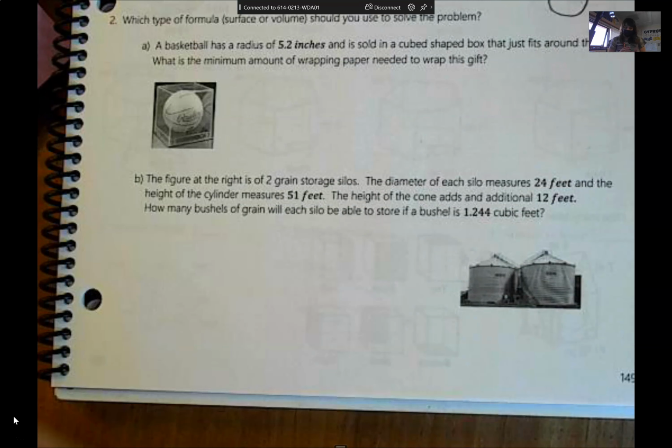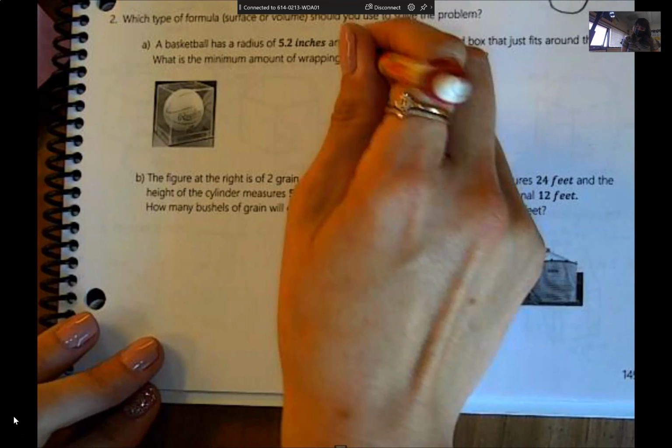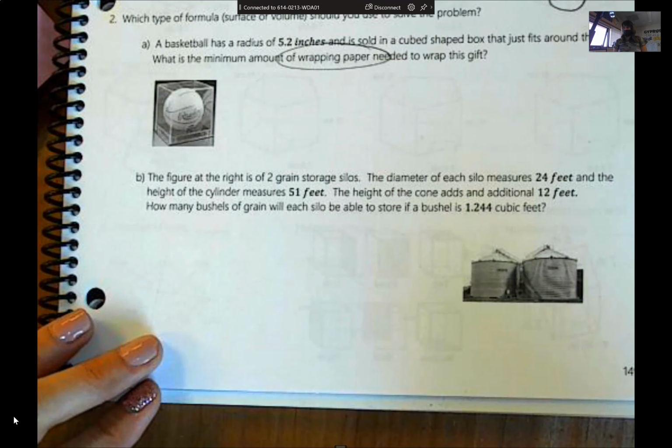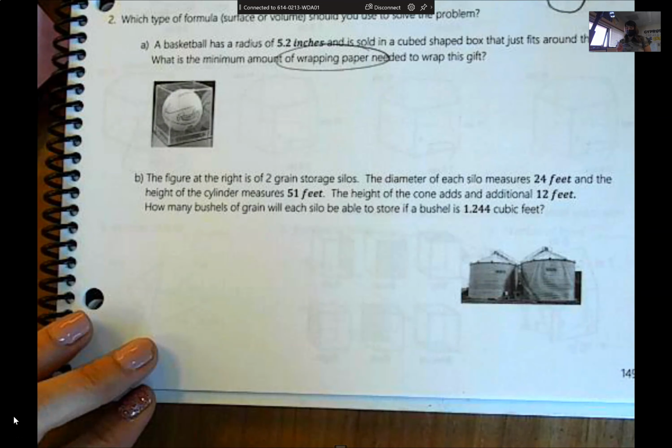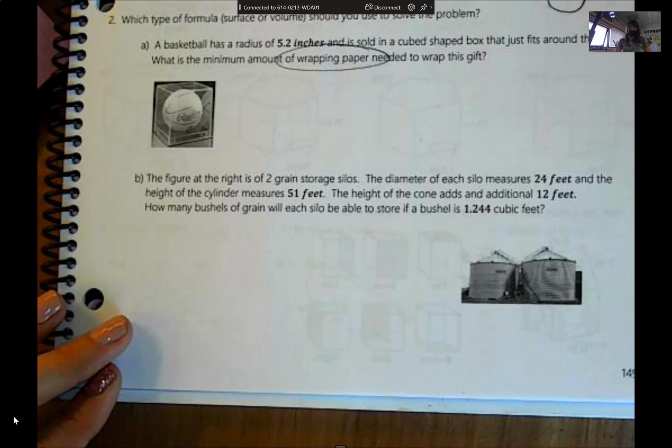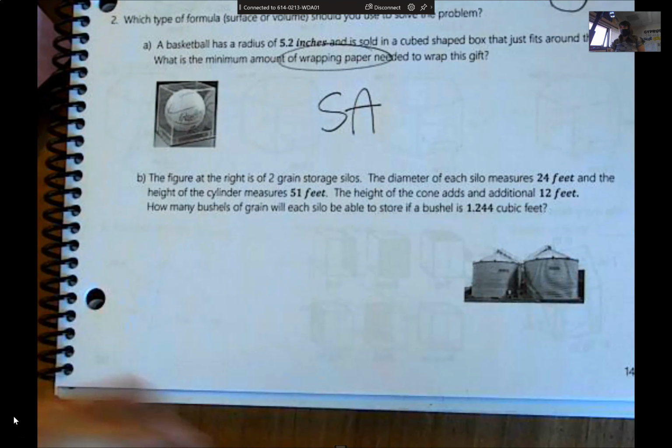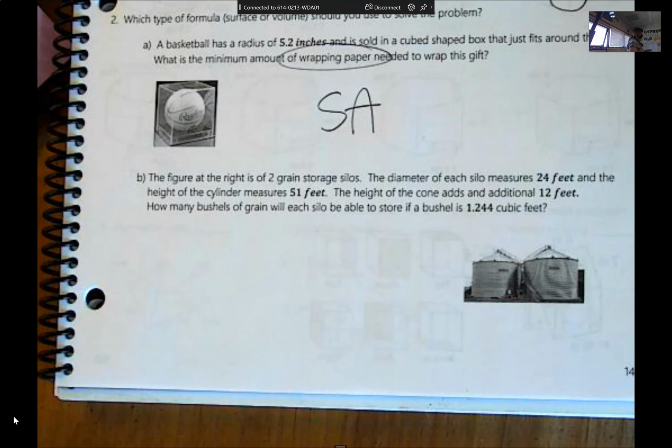What is the minimum amount of wrapping paper needed to wrap this gift? Is this surface area or volume? Surface area. Bam. They're asking us to use the surface area formula to figure out exactly how much wrapping paper we need.